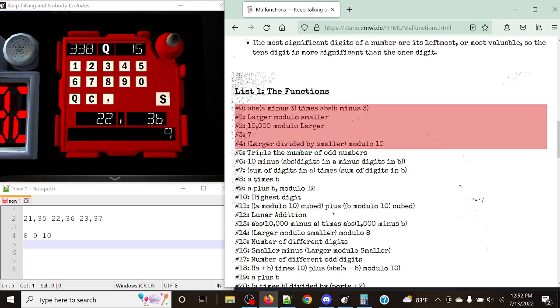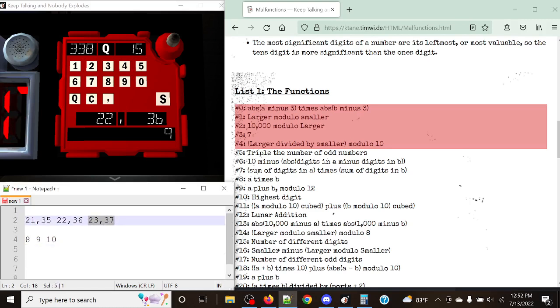Triple the number of odd numbers. In this case, we only have 1 odd number present in this query. However, there is the possibility of us having the 23 and the 37, and that would return the result of 9, as well as the 2135. We don't know exactly which direction it's going, but this is a possible query that we could potentially use here.